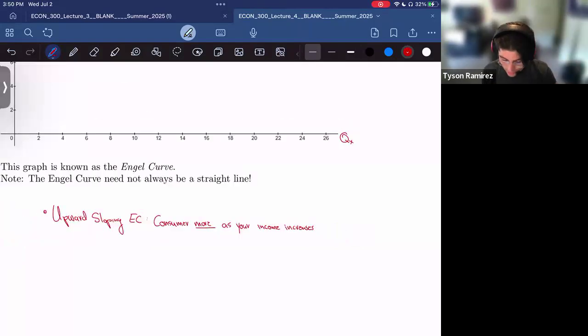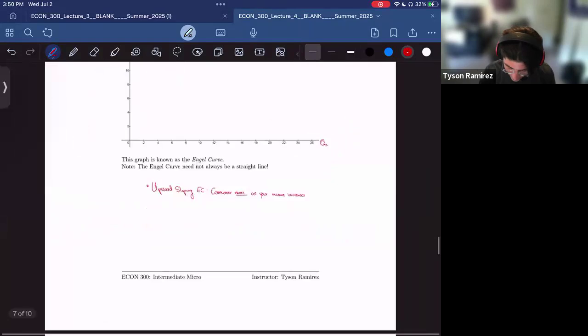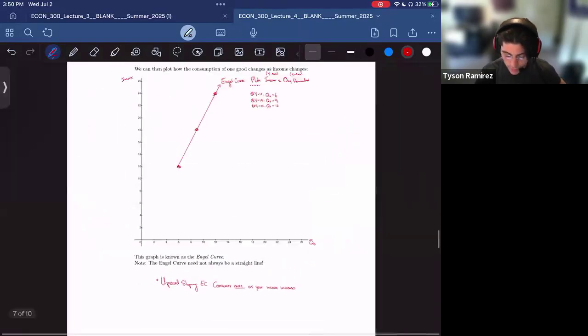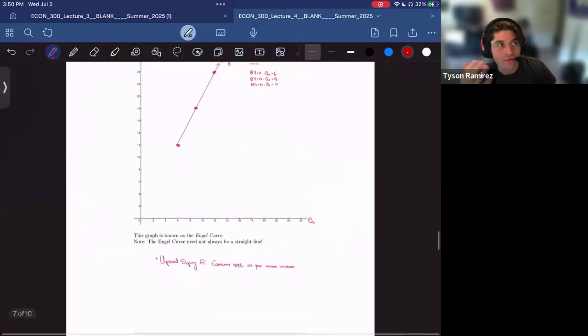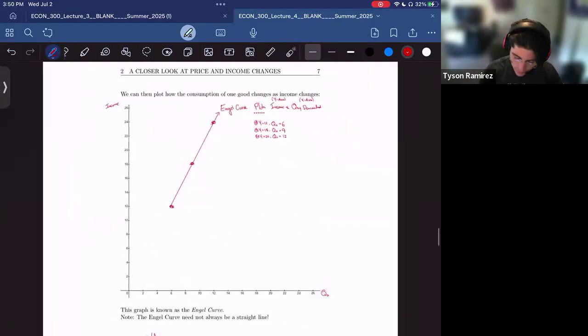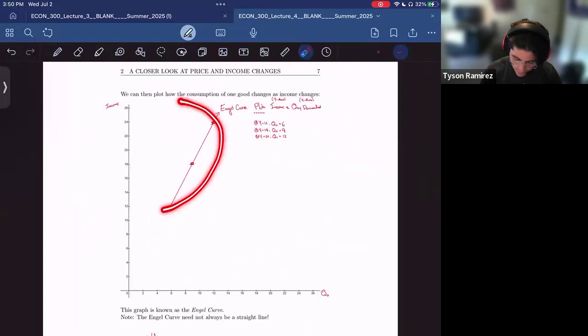This is not always the case. All right, this is not always the case. There's nothing that says the Engel curve has to be a straight line. It's very much possible that you could see something like this.